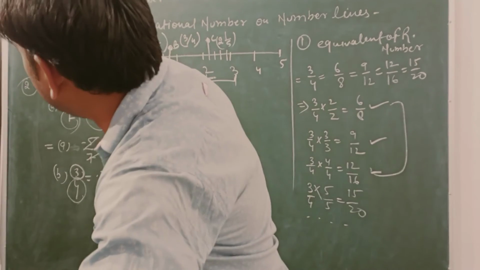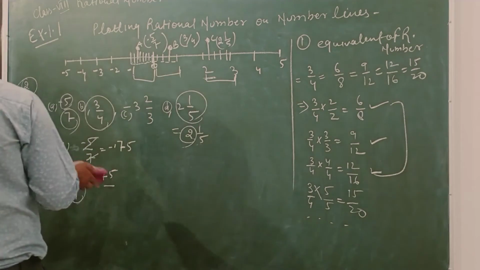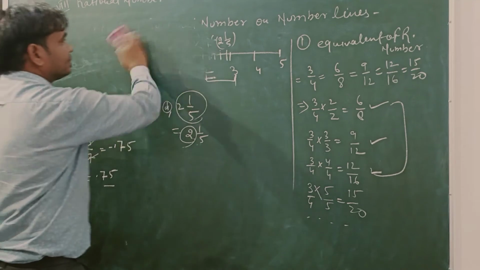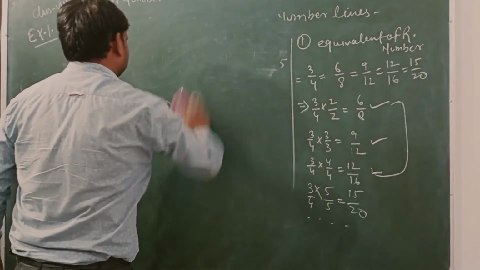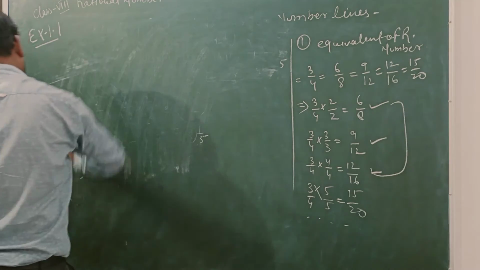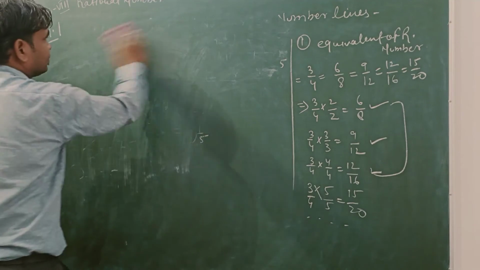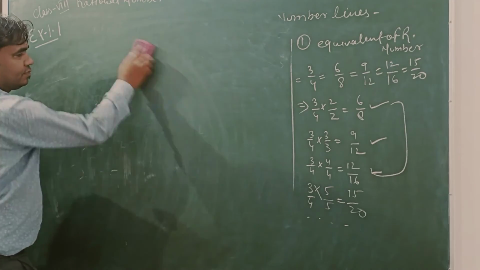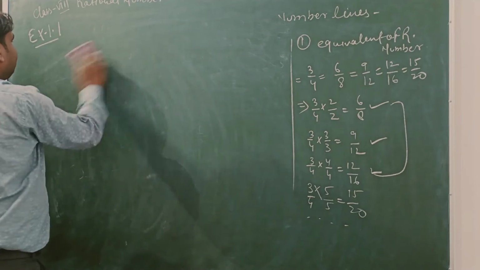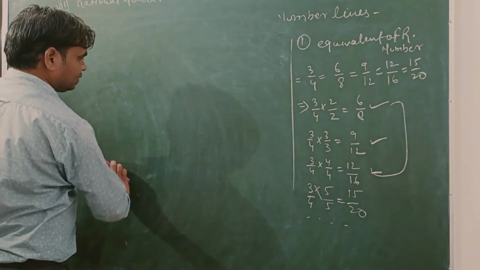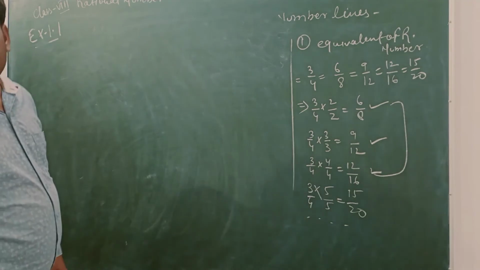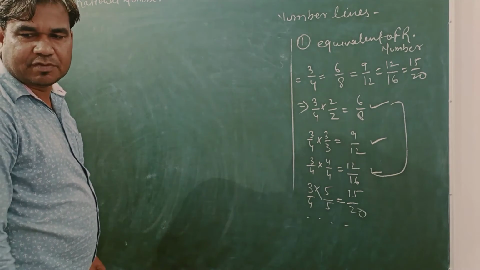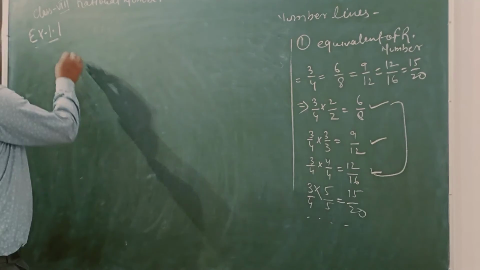So let me see, students. This is: find 4 rational numbers between minus 1 over 2 and 1 over 4.